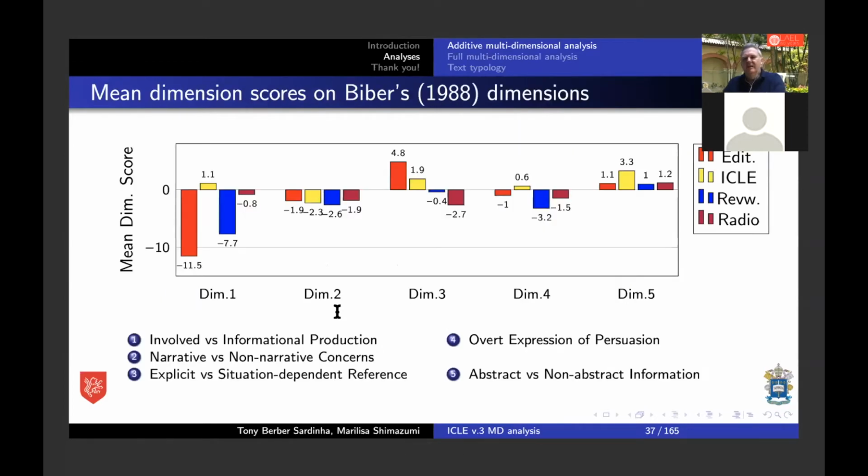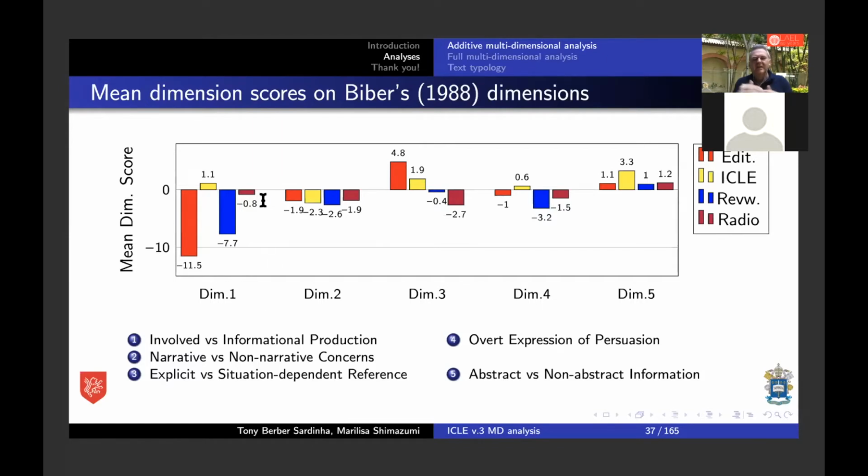So here are the findings. For dimension 1, which is involved versus informational production, the editorials have a very negative score, meaning they're informational. The ICLE essays are sort of in the middle, but don't let that fool you, because when we looked at the essays, they had a mixture of both involved and informational features.